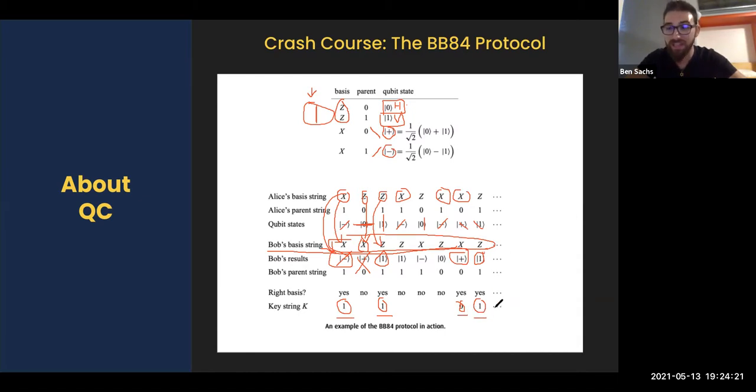So the idea is if you can transmit a photon in this way, then you can have perfectly secure communication. You have an encryption by the laws of physics. If someone snoops on your information, it actually destroys that information itself and makes it obvious to you that someone was making those measurements, right?